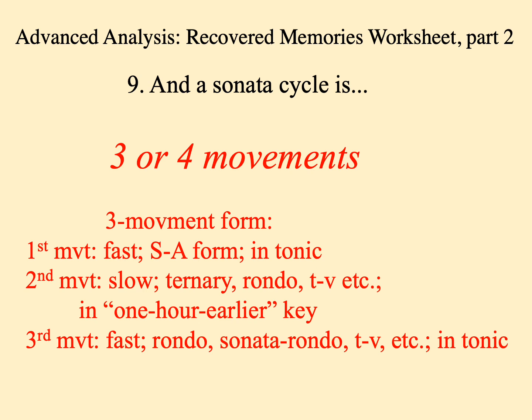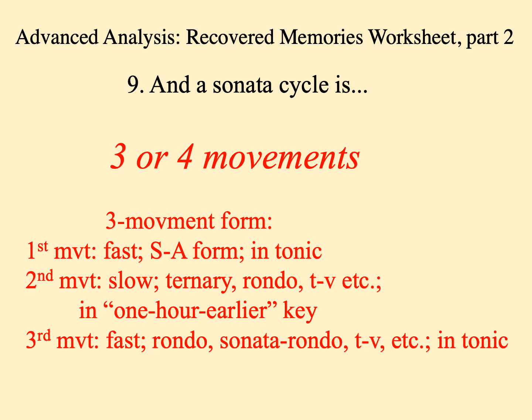So your second movement would be in the key of perhaps F major. And then your third movement's back in the tonic key, C major in my hypothetical example there. And it's a fast movement. A lot of times this is where composers like to write rondos or sonata rondos, but things like themes and variations are not off the table. And that's how the 3-movement sonata cycle works.